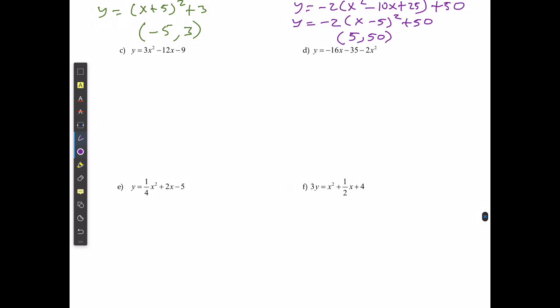For example C, start off the same way. It's already in order, so I'm just going to bracket off the x's. I'm going to divide by the coefficient of x squared.